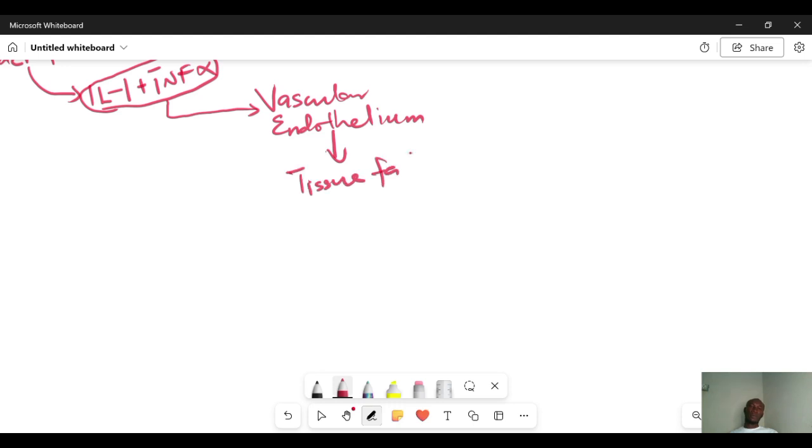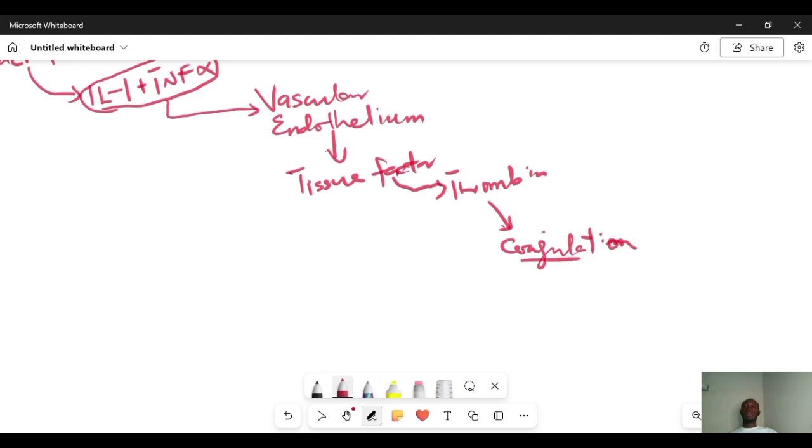Tissue factor itself goes on to cause the release of thrombin, and thrombin propagates coagulation. It enhances coagulation.